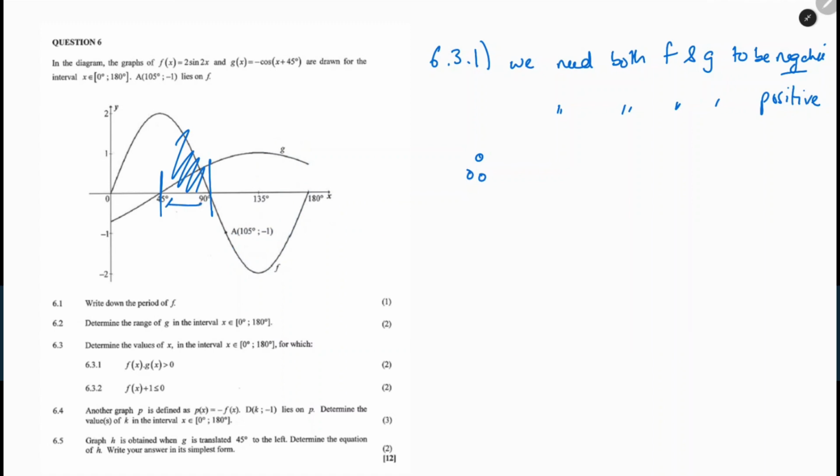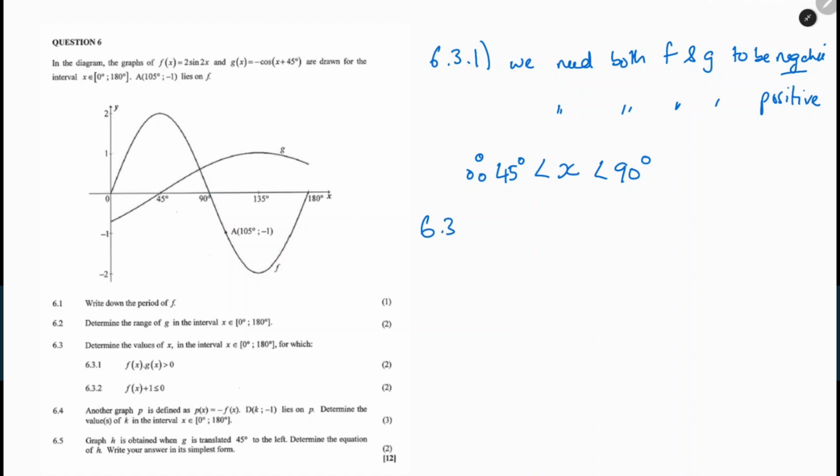So we need just what's in between here. We can see it's a strict inequality. So the answer is we're going to have x strictly greater than 45 degrees and strictly less than 90 degrees, which as you can see is right here in between.